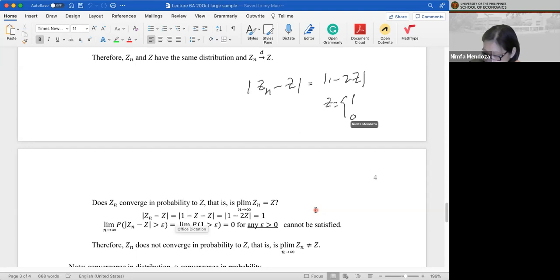It is Bernoulli with probability 1/2. So if Z is equal to 1, 1 minus 2Z is equal to minus 1. If Z is equal to 0, then 1 minus 2Z is equal to 1. But we have the absolute value, so this is equal to 1.